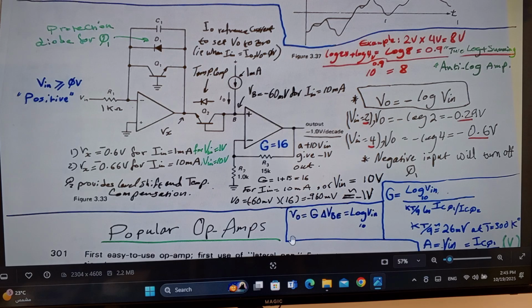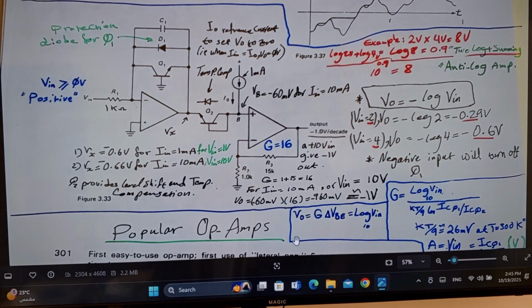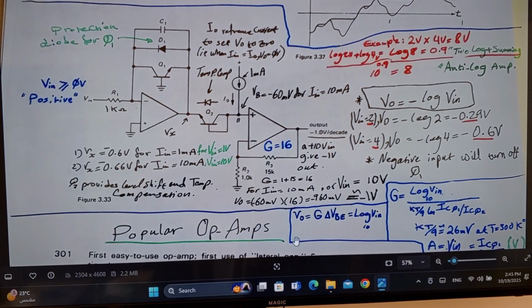So we'll go back just a little bit and spend about a minute discussing how a bipolar transistor behaves when a voltage is present between the VBE and the relationship of that to the IC.